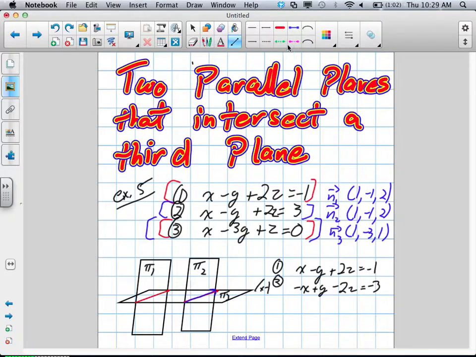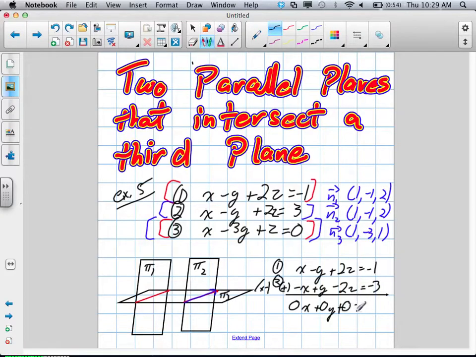And we add the systems together. We're going to end up with 0x plus 0y plus 0z is equal to negative 4. And we know there are no values for x, y, and z, that when we multiply them by 0, we'll get negative 4. So this is a system that cannot happen. We can't have all 3 of them meet in one same place.